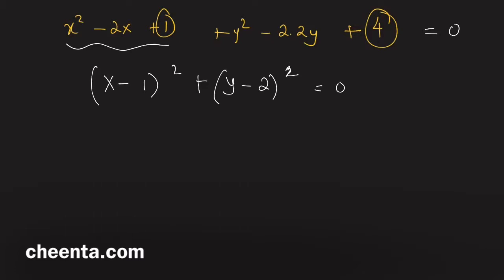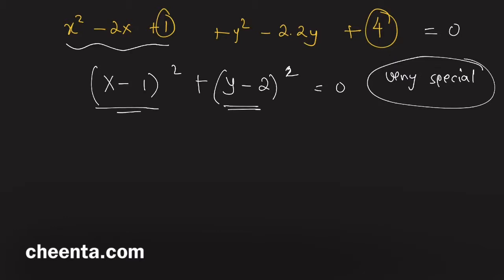It's a very special scenario. Why? Because notice that the sum of the two squares can never be 0 unless each of these expressions are 0 individually. This is a very powerful tool even in Math Olympiad.